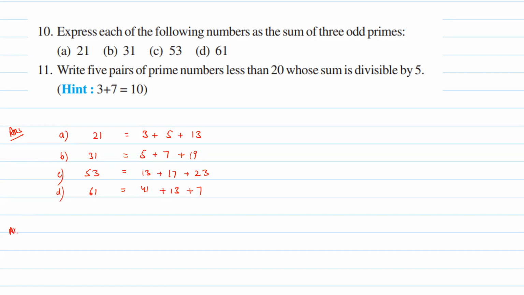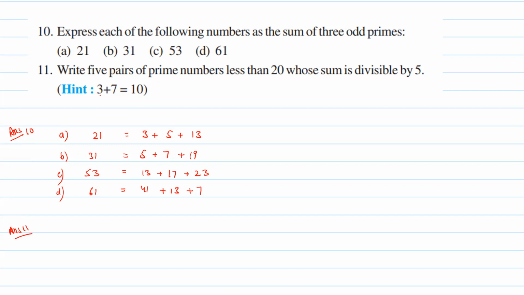Coming to answer 11. Write 5 pairs of prime numbers less than 20 whose sum is divisible by 5. You have to write 5 pairs. It is given as a hint that when we add them, the sum is divisible by 5. So the first pair, 3 plus 7, is given, so let's skip that.